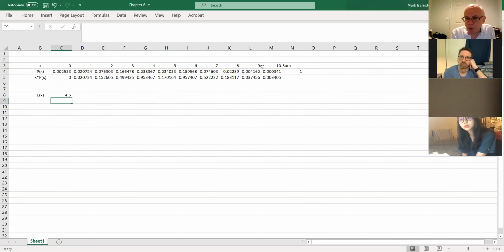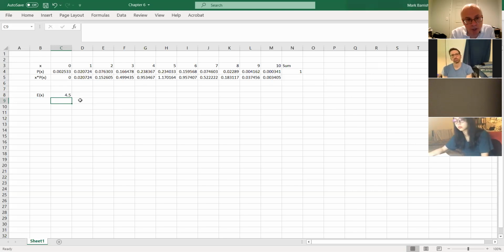But what you just did was not a weighted average, right? You just took the simple average of those random variable values. But notice the answer is 4.5, because unless the probabilities, or relative frequencies, are all equal to each other, the simple average is not going to be the same as the expected value of the probability distribution.